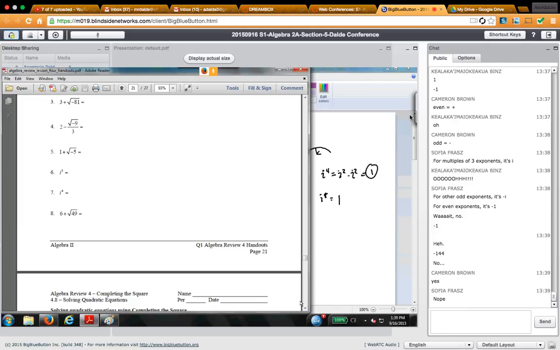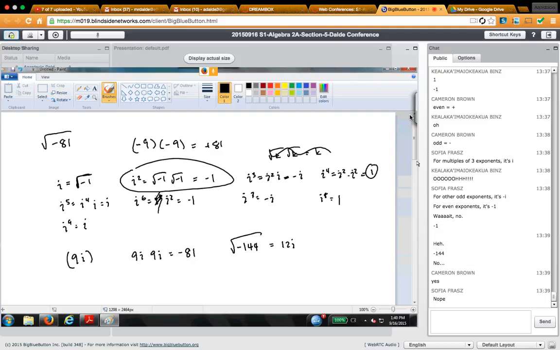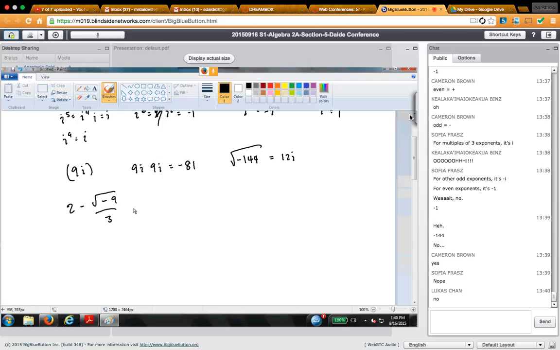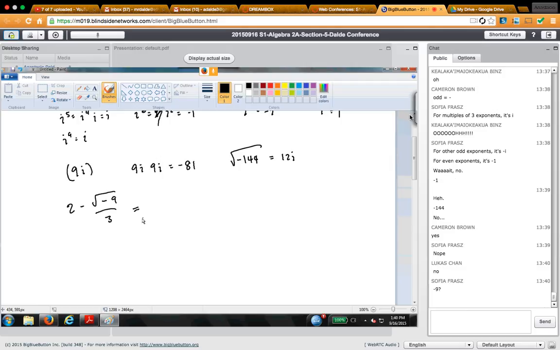All right. What about this? Let's try this one. It looks confusing: 2 minus the square root of -9 over 3. What's the square root of -9? It's not 3, it's 3i.